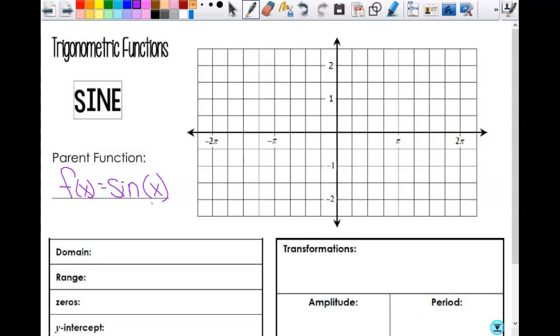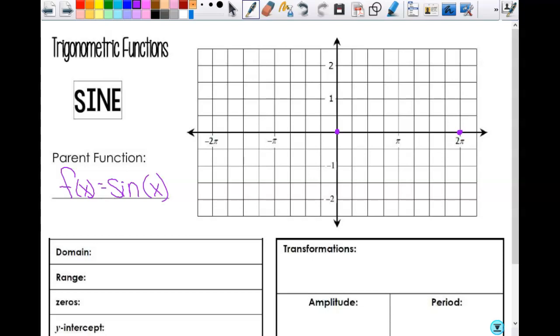All right, so the first thing, what is the sine of 0? 0, okay? So here, (0, 0) is a point. We just talked about the fact that the period for a sine function is 2 pi. So if I start here, I'm going to go like this, and then I'm going to end at 2 pi before I start over, so that has to be 0, right? Plus 0 and 2 pi have the same sine value, right?